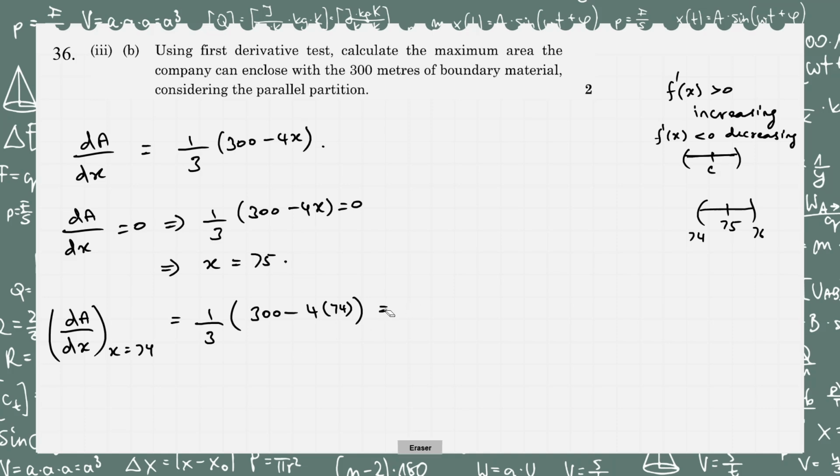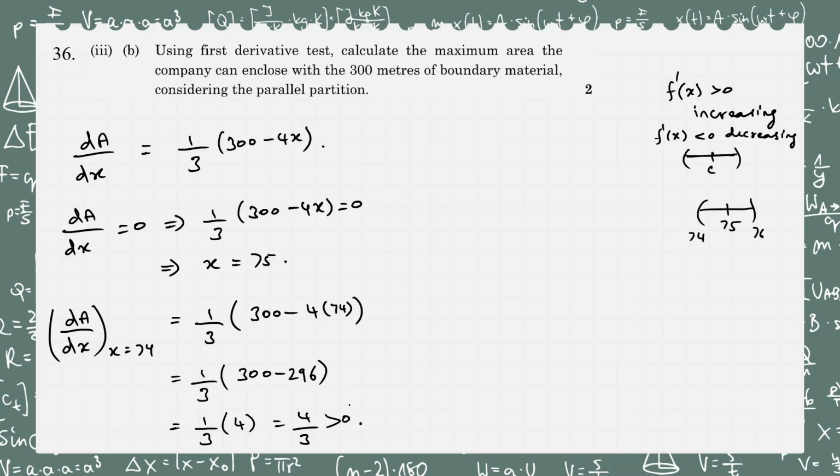So that will be equal to 1 by 3 into (300 minus 296). That will be 1 by 3 into 4, which is 4 by 3, greater than 0.